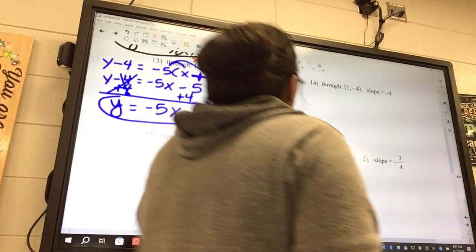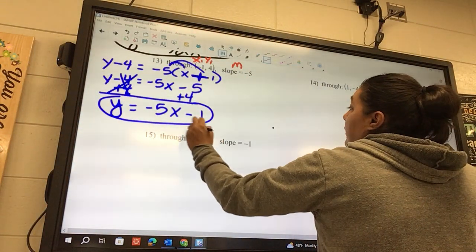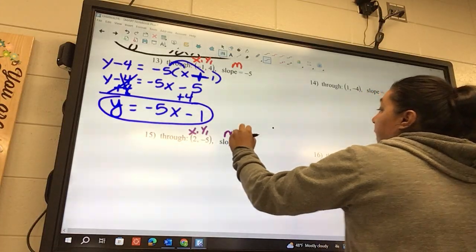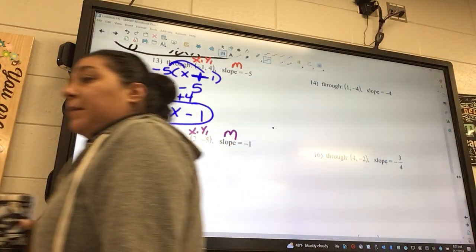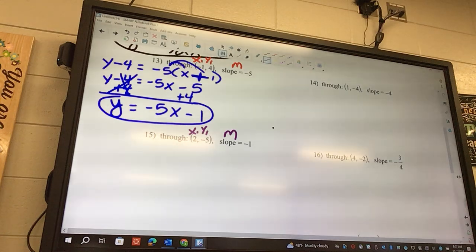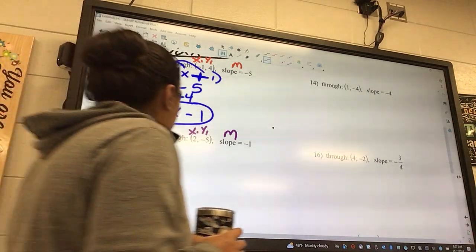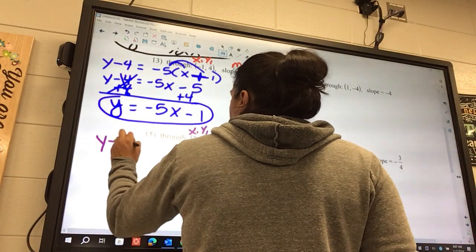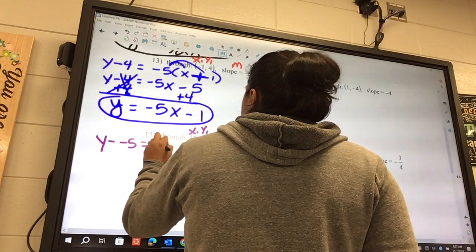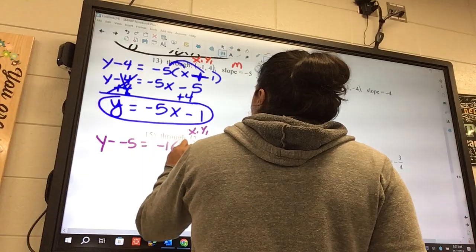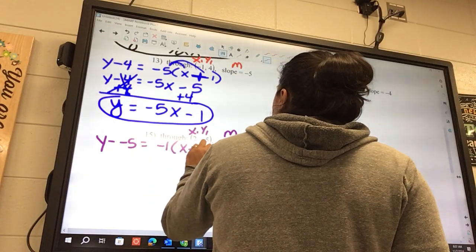Okay, look at 15, we're gonna label x1, y1, and my m. Okay, so we have y minus, what is my y1? -5 equals my m, -1, x minus my x1 is 2.